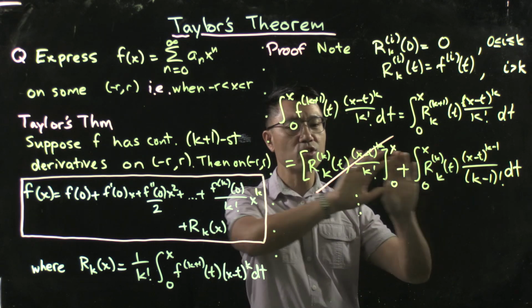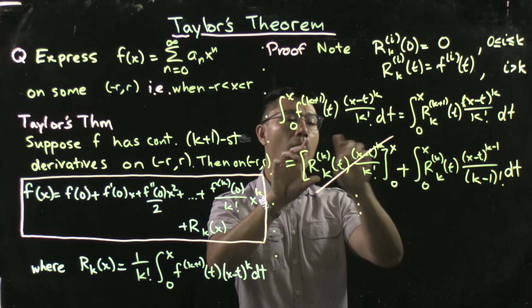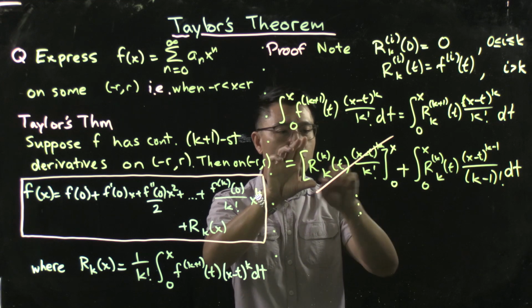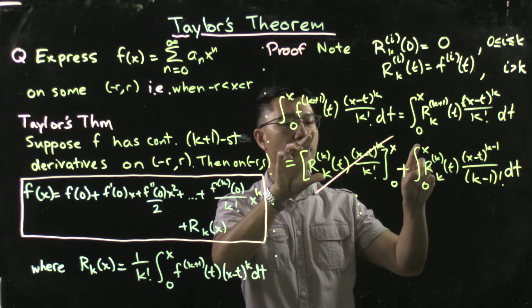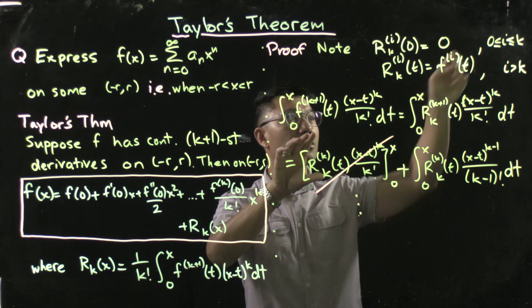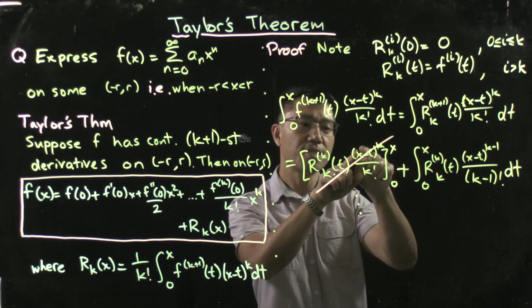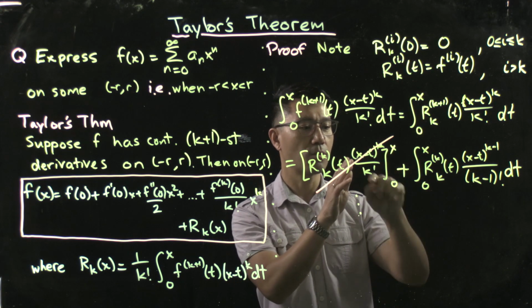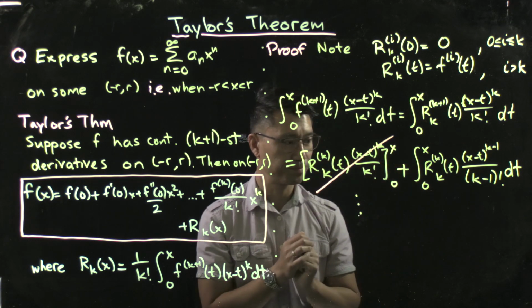Okay, you'll also have a term like this, but the same reasoning, because you're looking at derivatives, in this case now the k minus first derivative of rk at 0, that will still be 0, and this other term will also get you a 0 too when t equals x.